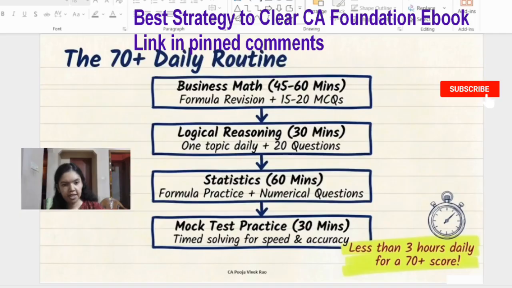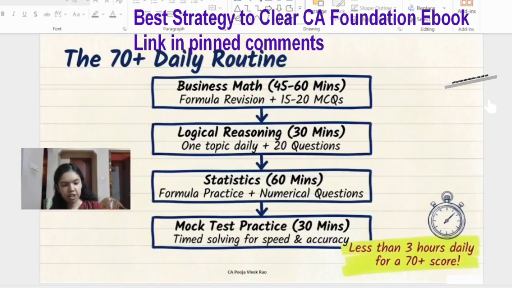Now let's see a daily study plan which will help you to score 70% marks. So this is a simple daily routine. So for business mathematics, every day allocate 45 to 60 minutes. So here revise formulas and practice 15 to 20 MCQs every day. Then for logical reasoning, allocate 30 minutes every day and study one topic every day and solve at least 20 MCQs.